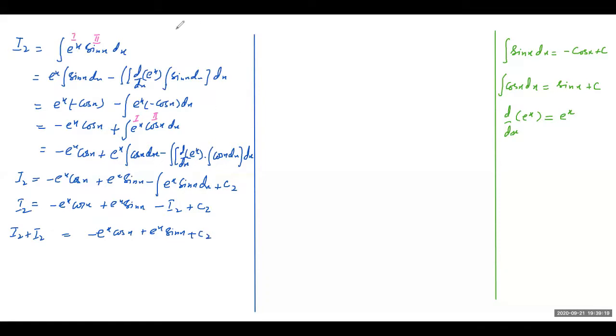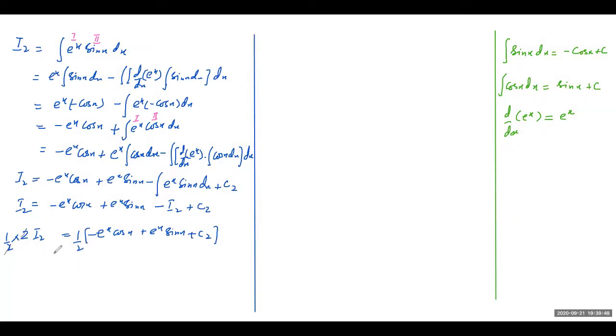Now add I2 and I2, I2 plus I2 will become 2 times I2, and I am again taking advantage of the whiteboard and saving a step. I will get 2 times I2. In the next step I am going to multiply both the sides by 1 by 2 and I will use a bracket on this side. And now open up this bracket on the right hand side, and on the left hand side simply cancel the 2 with the 1 by 2.